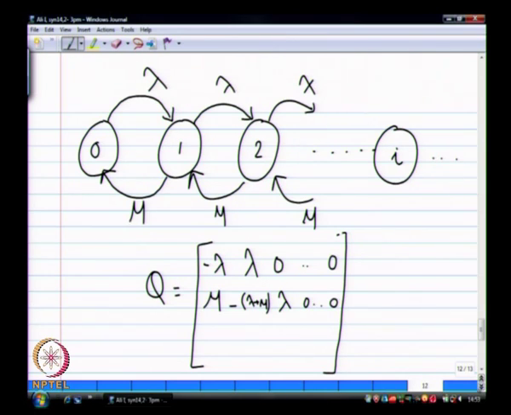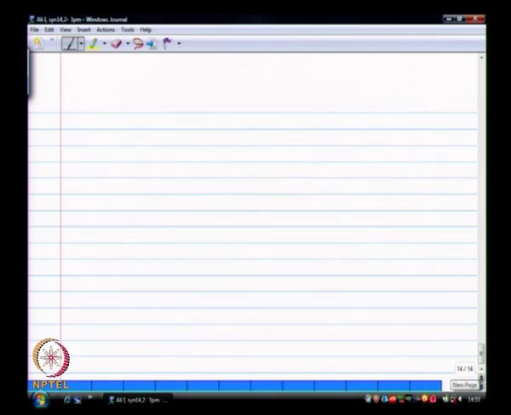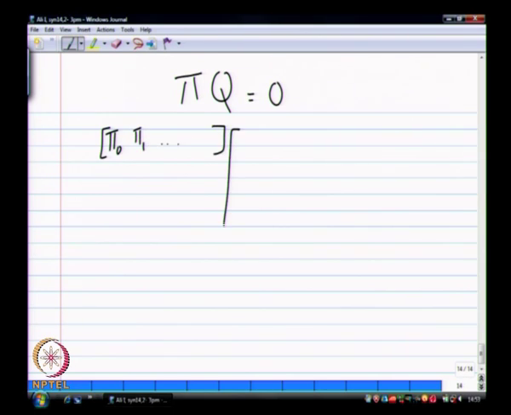Assuming that steady state probabilities will exist for this particular system, I can try to solve pi Q equals 0. Technically speaking I should have a finite matrix, but let us assume it is somehow finite.